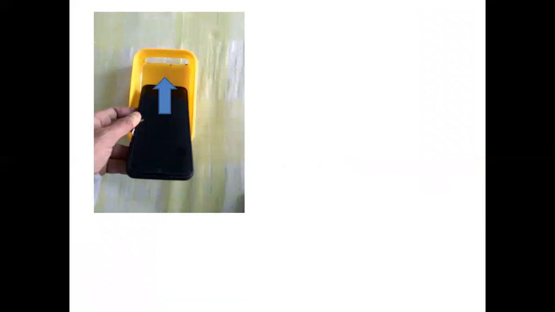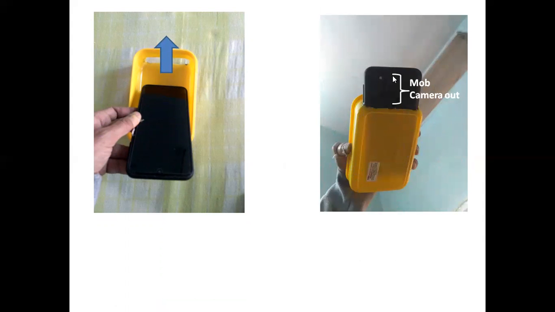Now the mobile phone can easily slide into this container, and it can project out from this slot. So the mobile phone camera should project out from that slot. So this is the container. Now this is to be fixed on to the lipping putty.